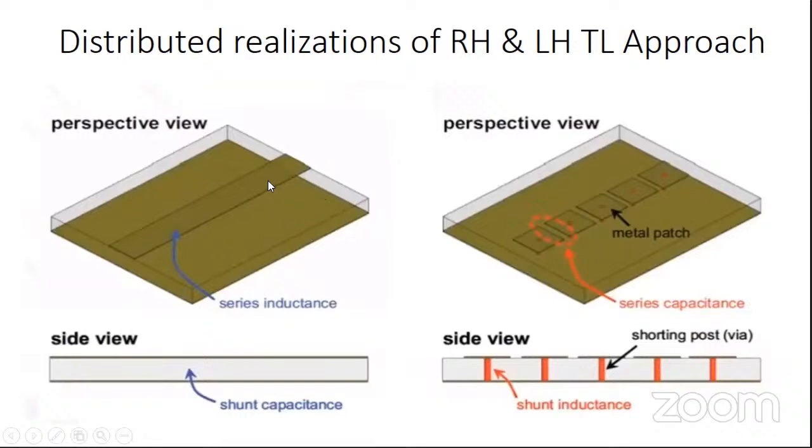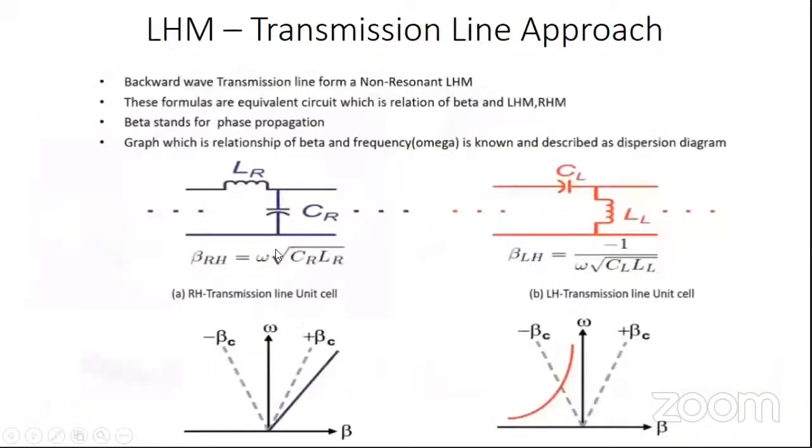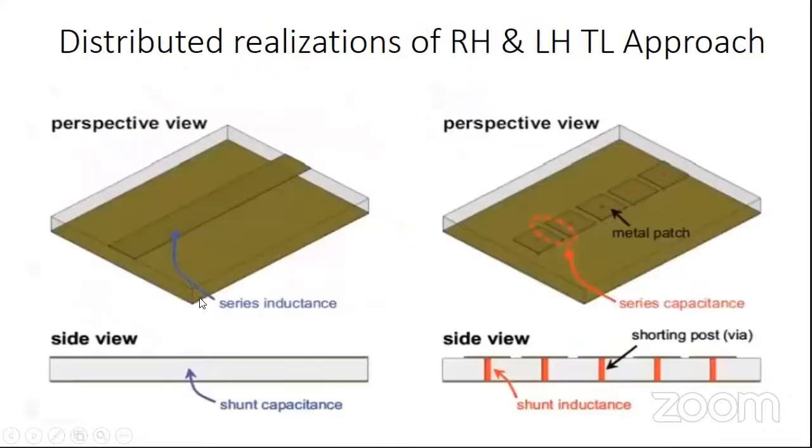The top metal can be realized as the series inductance, and the capacitance between the top metal and the bottom metal will be considered as the shunt capacitance, as shown here. Series inductance and shunt capacitance form the RH medium, that means right-handed material.